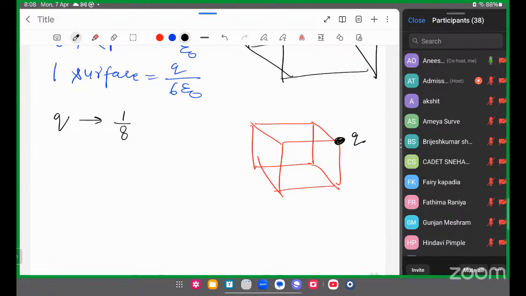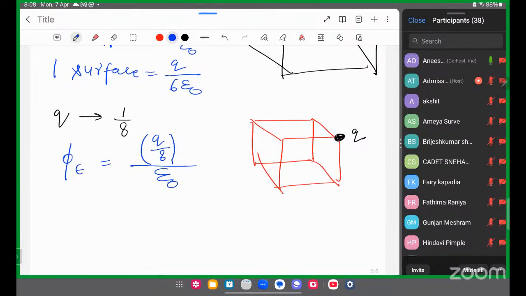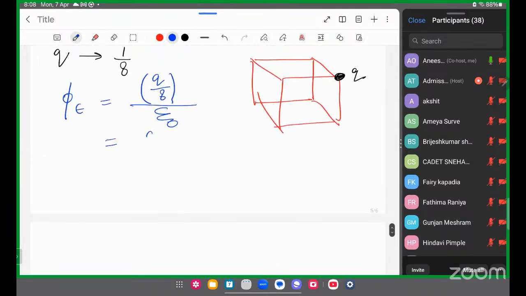So in simple words, if the charge is at a corner point, it will participate only 1 by 8 part, which means in this case the electric flux will be Q net, which is Q by 8, divided by epsilon naught. So the answer will be Q by 8 epsilon naught.